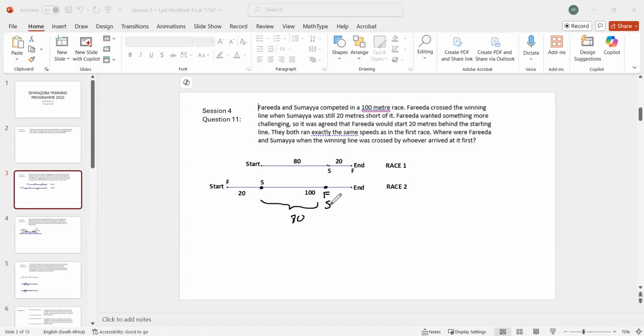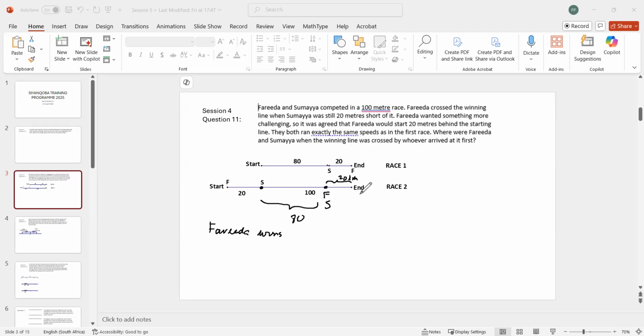So Farida and Sumaya are together 20 meters from the end. So clearly Farida will win because she's the faster runner. She overtakes her. But now the question is, where were Farida and Sumaya when the winning line was crossed?